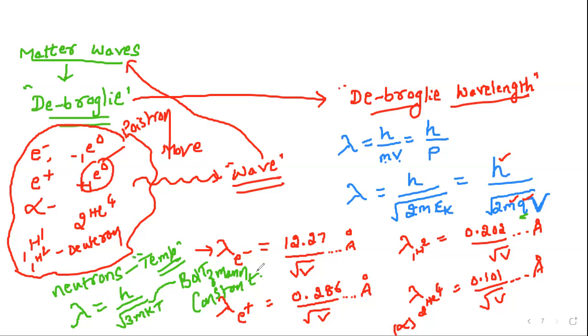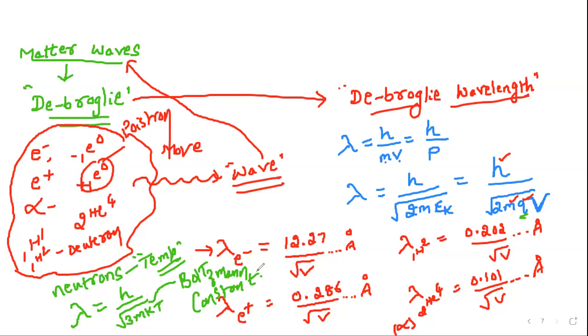Since it travels with the speed of light, the rest mass of the photon is 0. Because of that reason, we are not going to deal with photons in the case of matter waves.